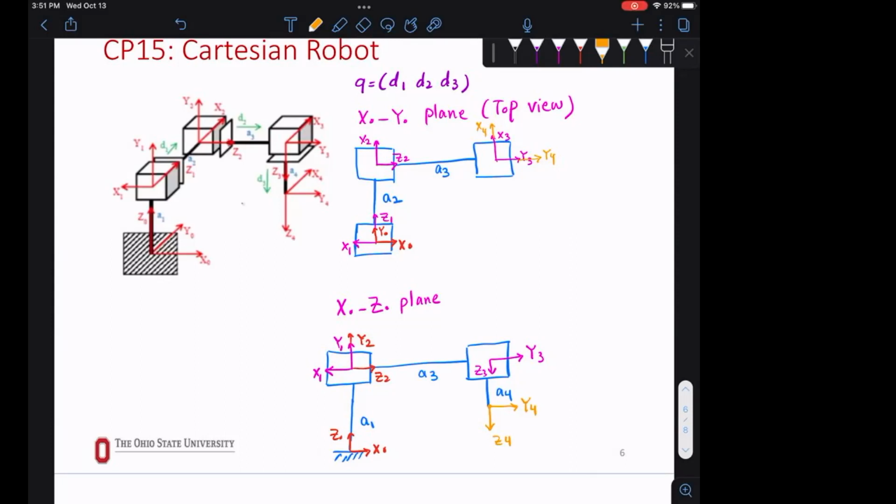Like for the prismatic, obviously it has to be positive. If it's negative, what does it mean? That's only one of the errors.